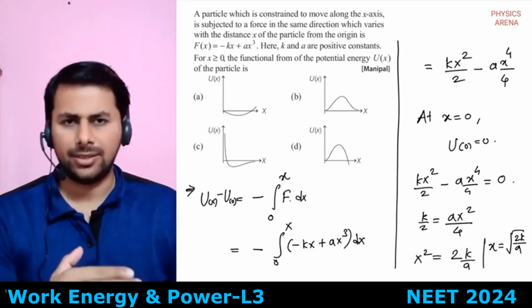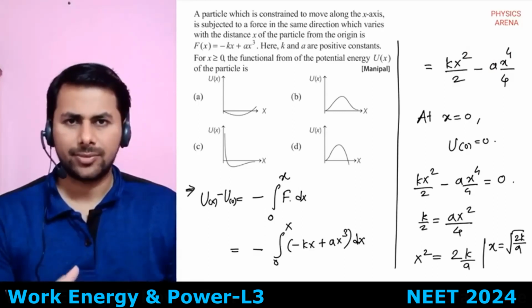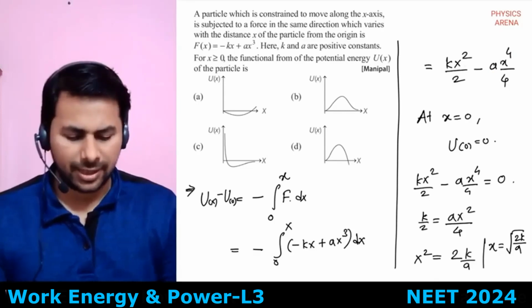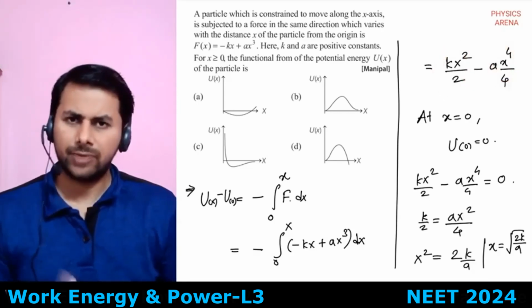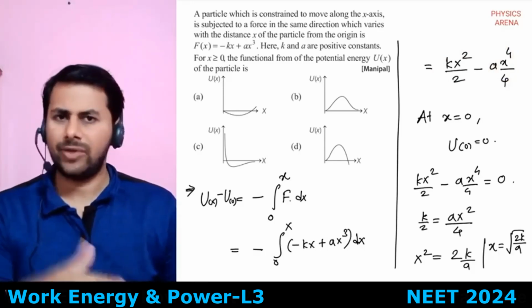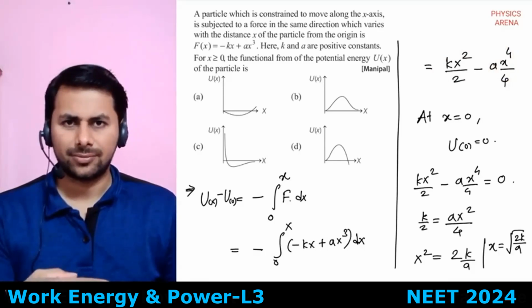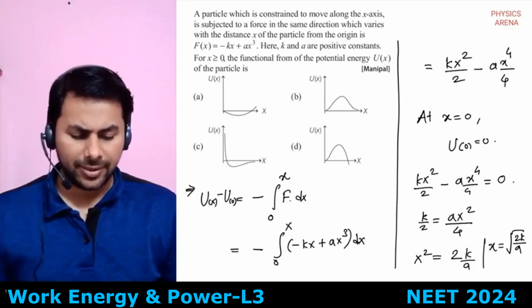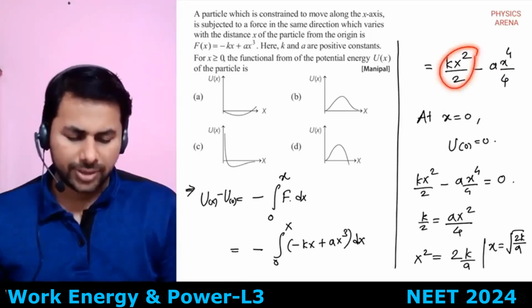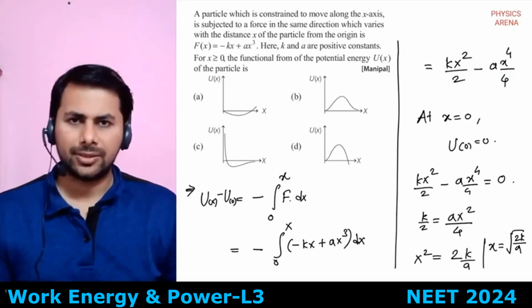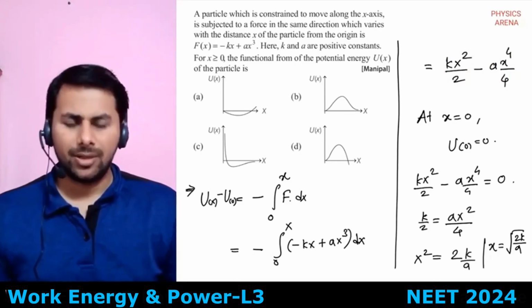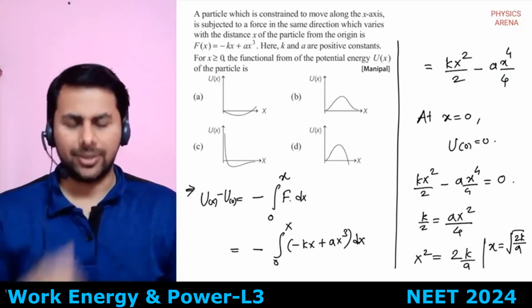So as x increases, what will happen? X square will increase, right? This term will increase. But x raised to 4 will increase even faster, very fast, right? So the positive term is increasing, but the negative term is increasing even faster. That means U will become more and more negative.